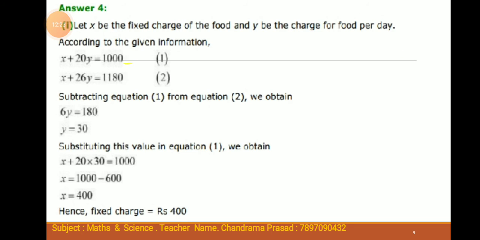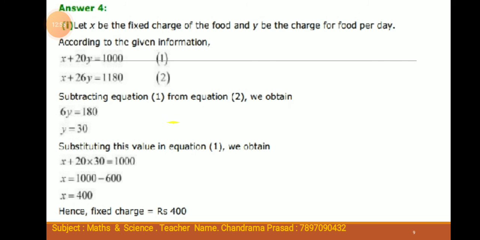According to the given question, case first: since student A takes food for 20 days, x plus 20y equal to 1000, equation 1. Case second: x plus 26y equal to 1180, equation 2.